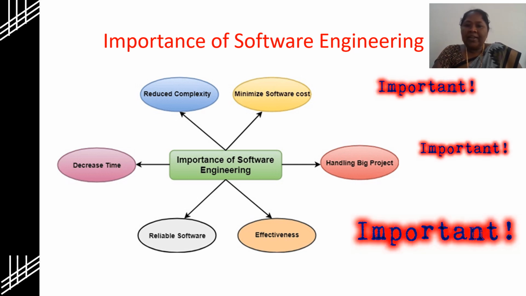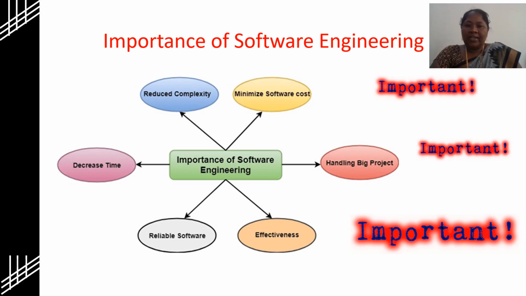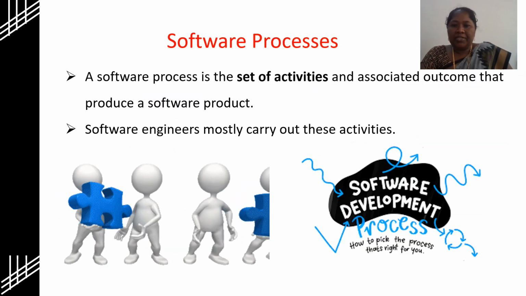But at the end, the application must be reliable and effective. So 24/7, the application should support and handle any kind of issues, help, access, or operations to be performed by the user. As a software engineer, you must consider all these important features when you develop an application.